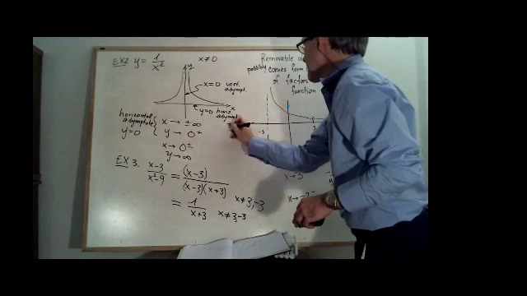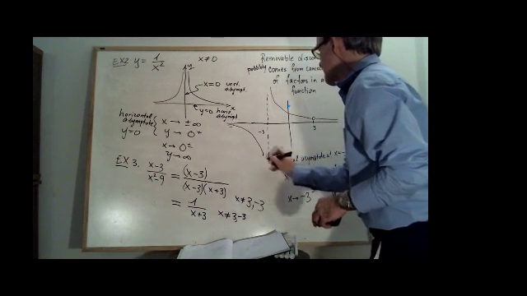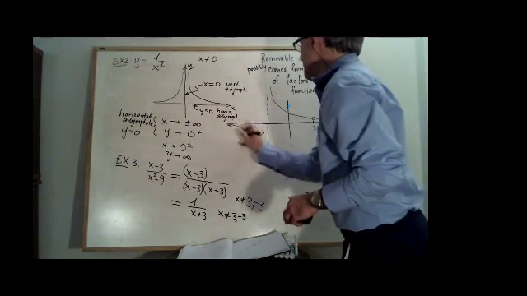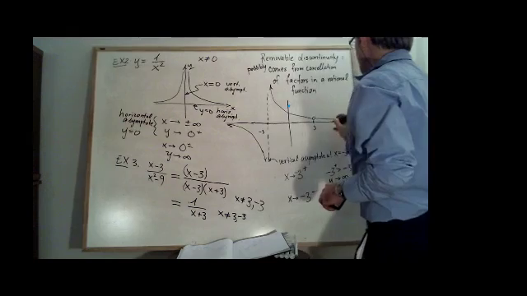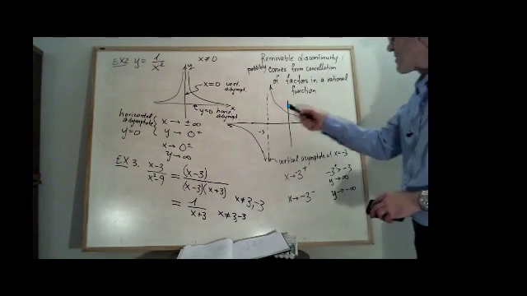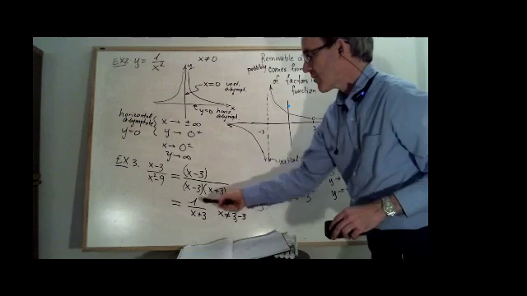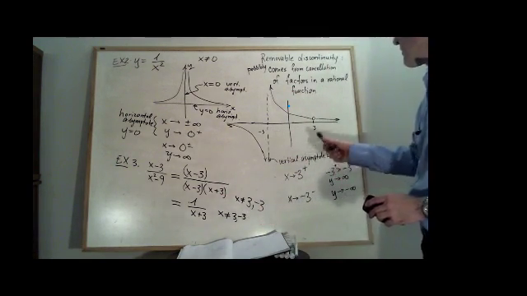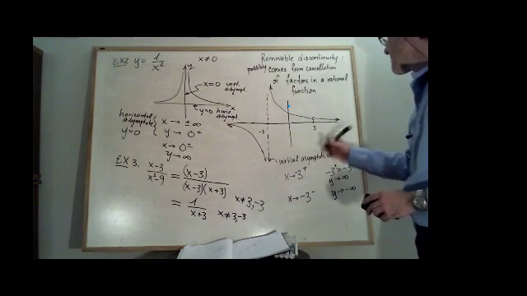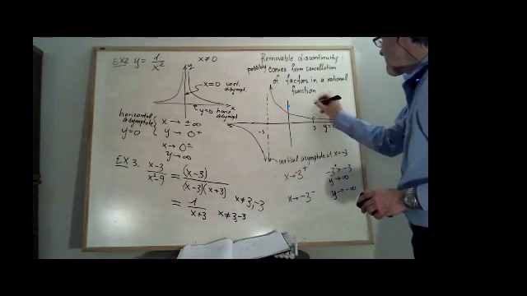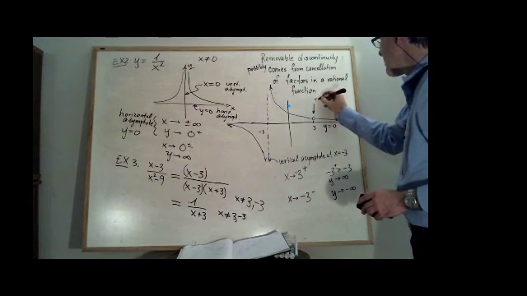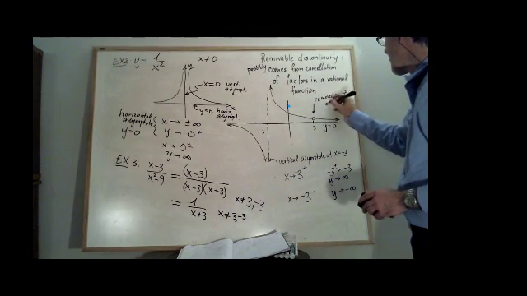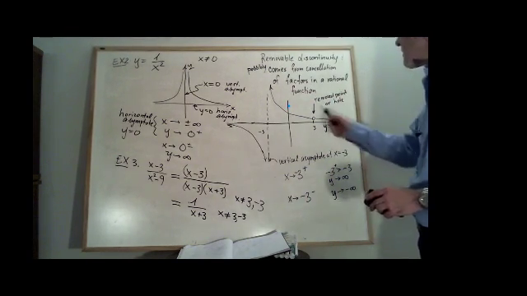So this is a horizontal asymptote, and here's a vertical asymptote. Without this hole here, this would just be the graph of 1 over x plus 3 by itself. I've excluded x equals 3. That's the vertical asymptote, and this is my removed point, or hole. Hole in the graph.